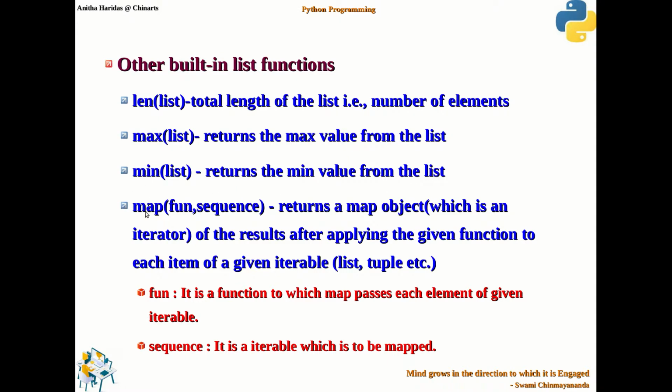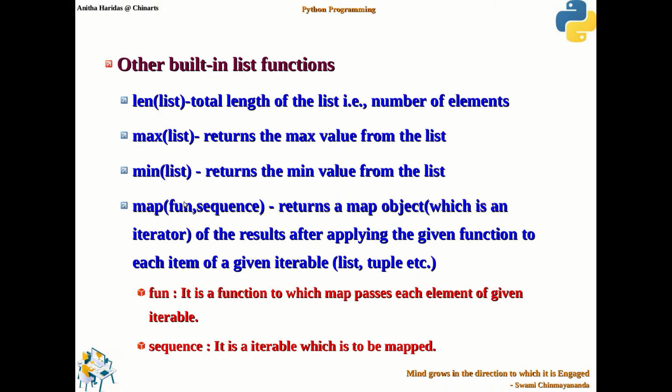Then we have another interesting function called map function. It is going to return a map object. Map object will be generally an iterator of the result after applying the given function, right? So two arguments will be given.